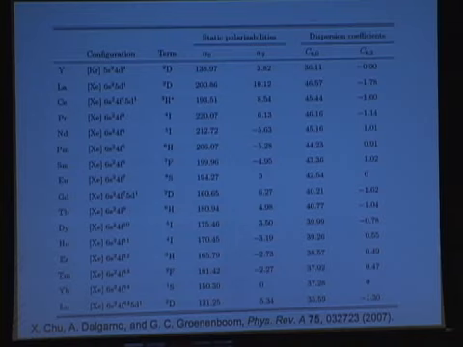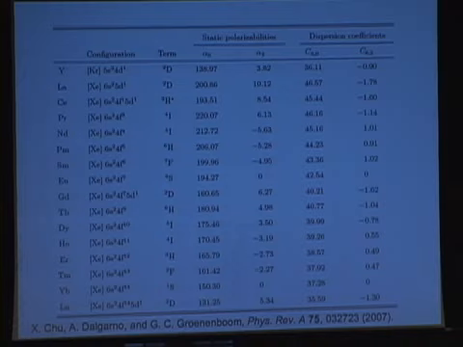If we just look at the trend of these 4 columns of data, the absolute values in general decrease with increasing nuclear charge, with some exceptions. The exceptions are when there's a D electron in the configuration.